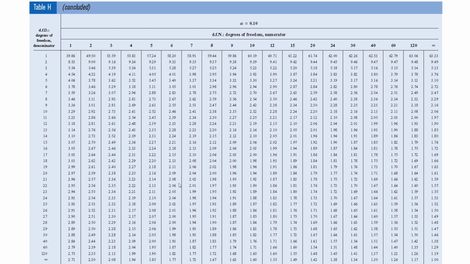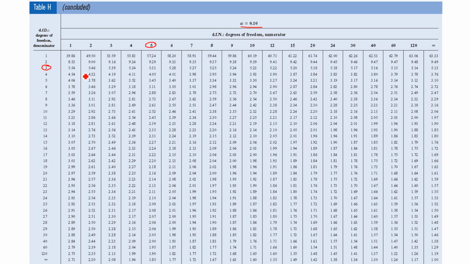So this would be our tabular F value table. As we can see here, we have the alpha level, which is 0.01, and then we have degrees of freedom of the numerator and degrees of freedom of the denominator. If you can still remember, our numerator is equal to 5 and the denominator is equal to 3.